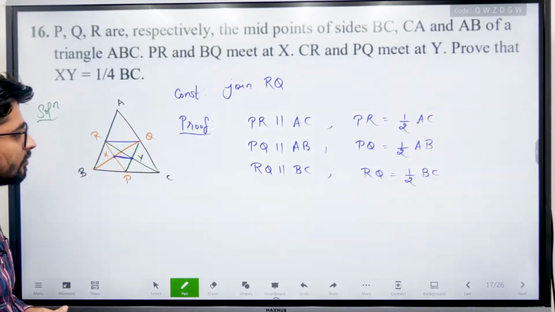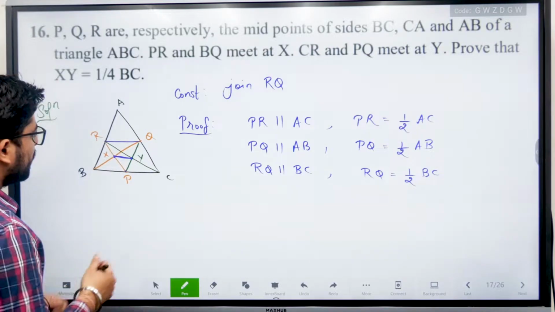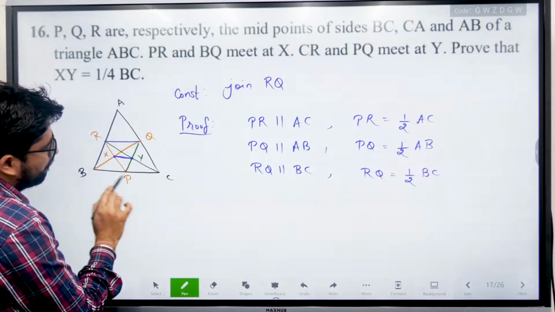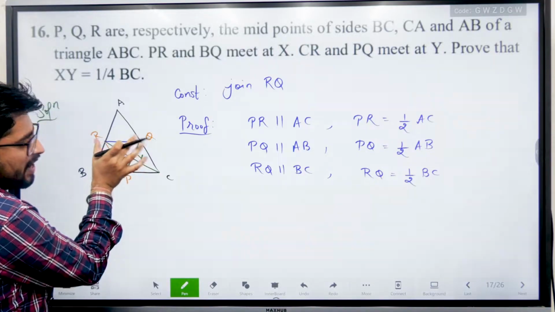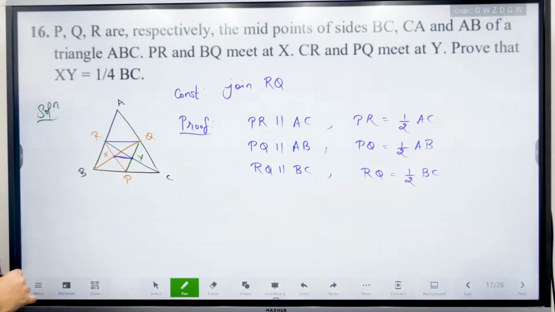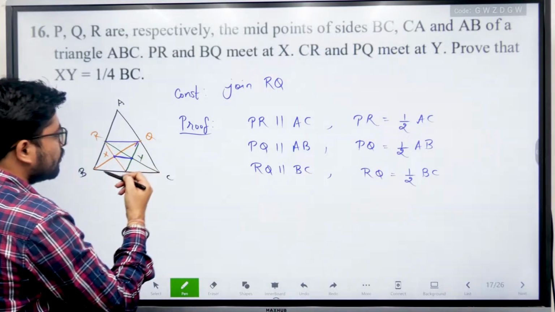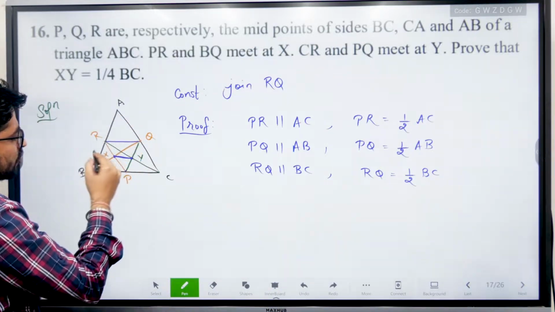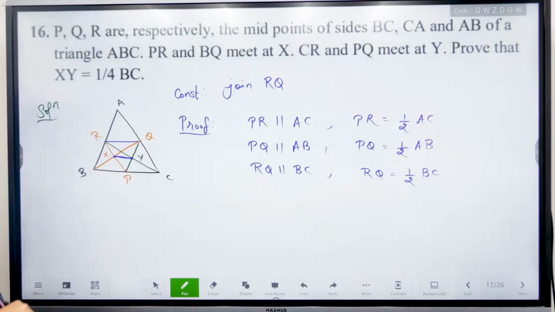Now observe some situations. From here we know BC is parallel to RQ, so we can say PB is parallel to RQ. PQ is parallel to AB, so we can say PQ is parallel to BR.